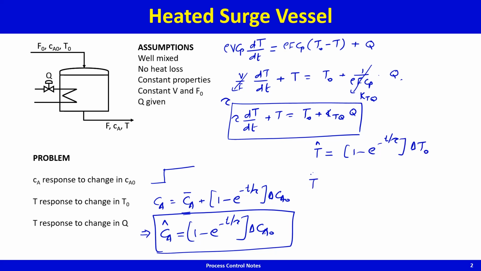and T response in response to a change in Q would be, because it's multiplied by K, so linear system, the response will be multiplied by K. So what you will get is K TQ into 1 minus e to the power minus t by tau times delta Q. It is convenient to put, delta Q will be kilojoules per hour, so you'd rather look at percentage change, because this is a change in percentage.